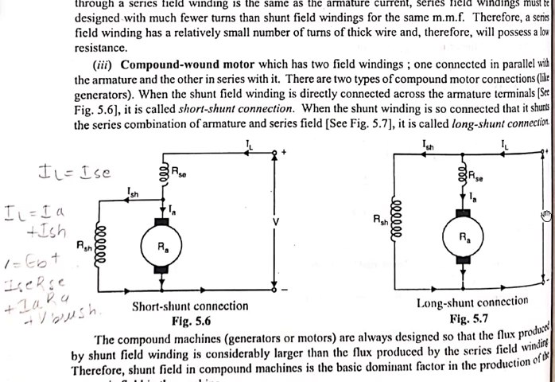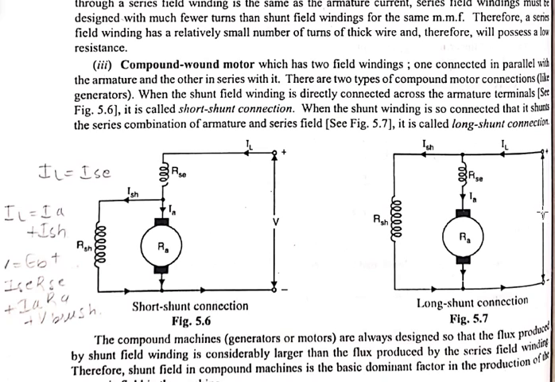So let us find the relation between terminal voltage V and EB. V is equal to, if you take this path, we have a drop here, that is IA into RSC, plus brush drop plus armature drop, that is IA into RA, plus EB. So that is one equation.